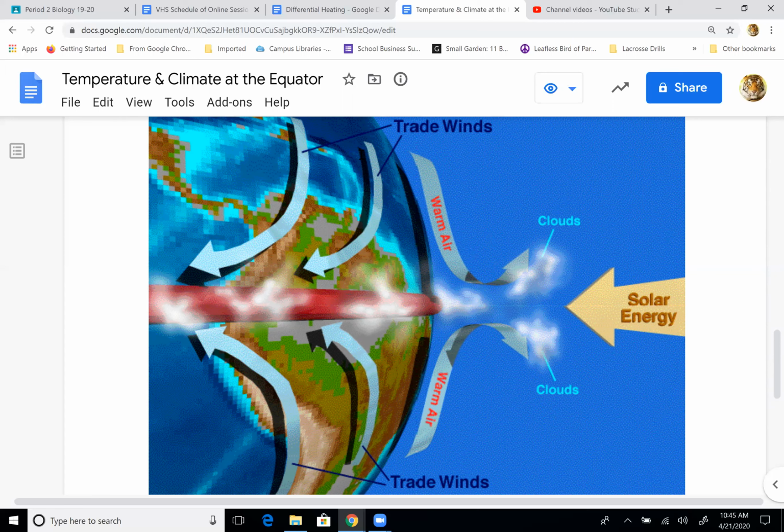Okay, another thing that helps this climate are the trade winds. The trade winds come down from 30 degrees latitude, which is right above zero, the next major latitude line.